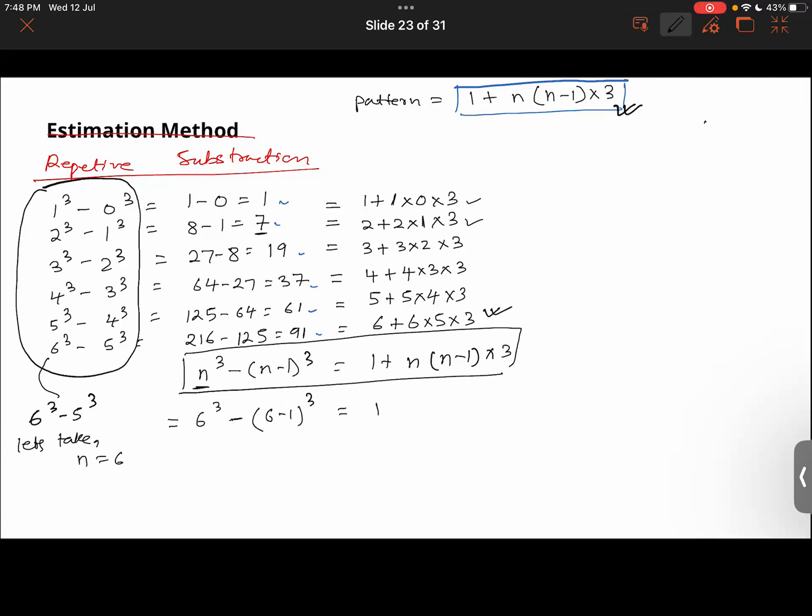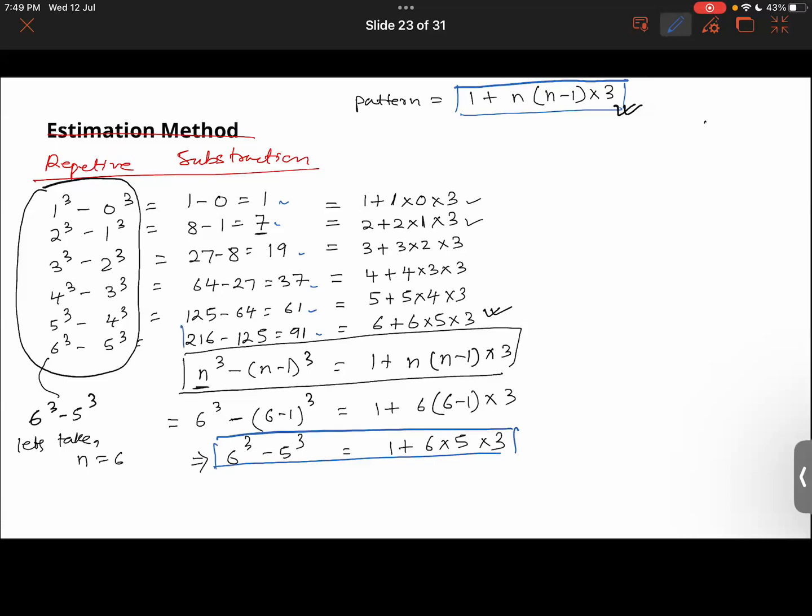So here 1 plus 6 multiplied by 6 minus 1 multiplied by 3. Then you get your answer as 6 cube minus 5 cube equals 1 plus 6 multiplied by 5 multiplied by 3. Now you guys tell me, is this equation and the above equation not the same here?